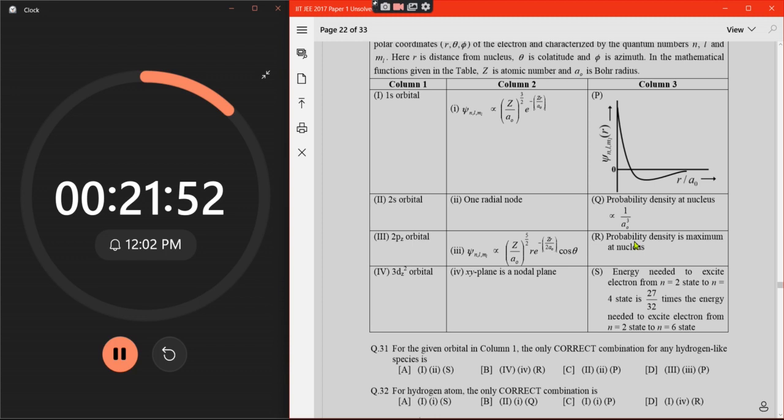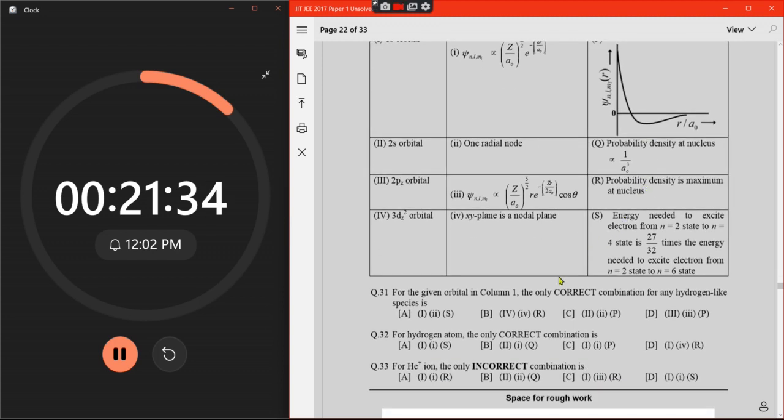Okay, r is I don't know. Or क्या है 2p. So 2 is just this thing and you want 2, 1 radial node, yes, and then p looks correct to me, right? So c looks correct. 31 का c. और क्या है?